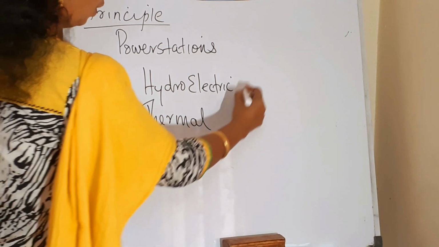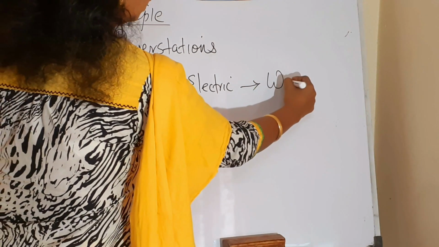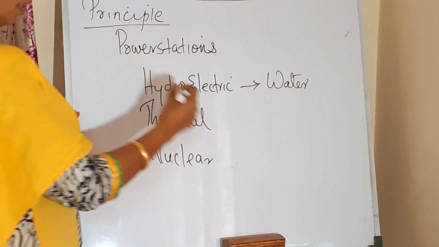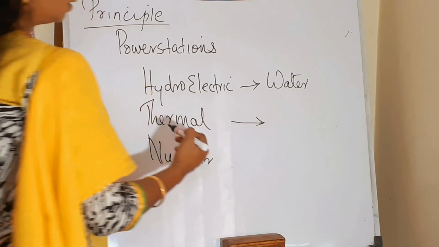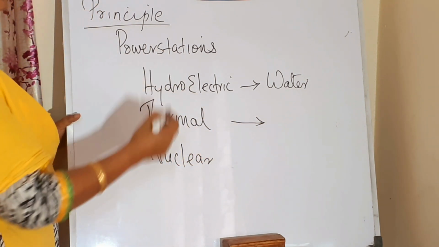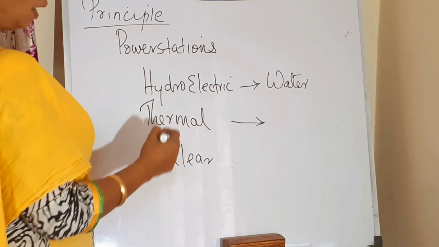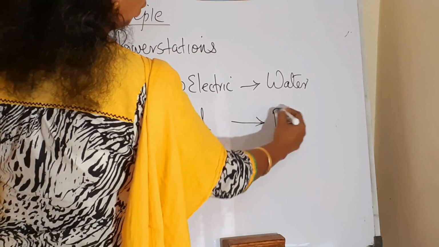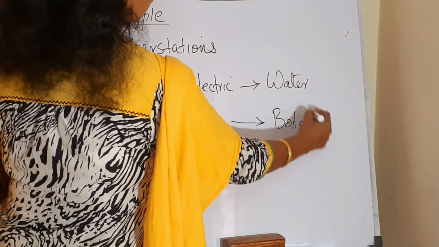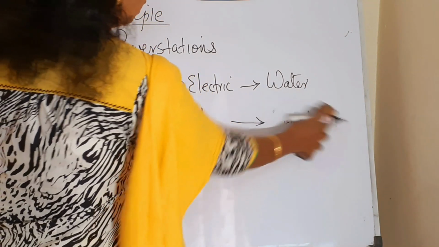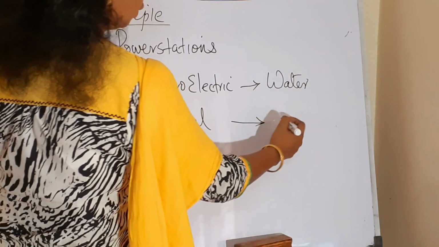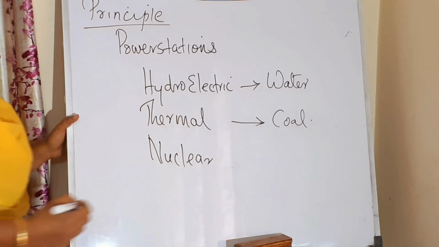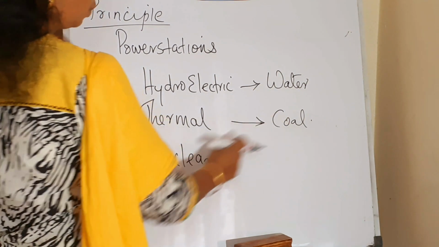The hydroelectric power station uses water energy to rotate the turbine. Water is stored in a dam, and it is allowed to fall from a height and then it rotates the turbine. In a thermal power station, boiled water or steam is used as energy and coal is used as a fuel.